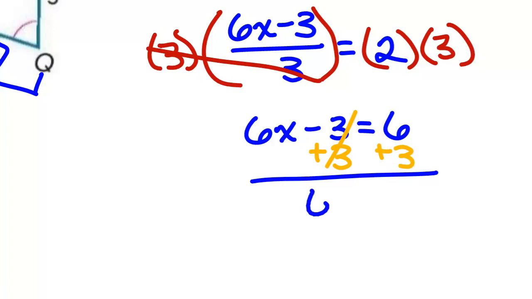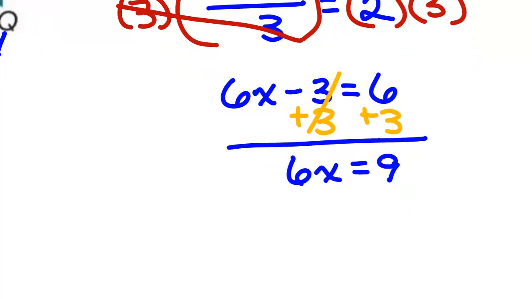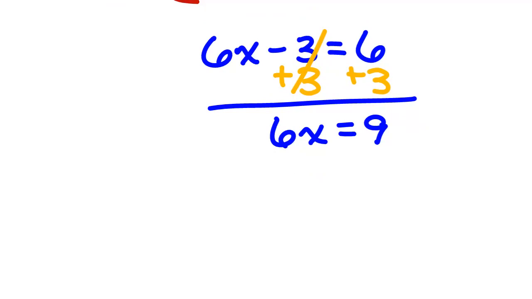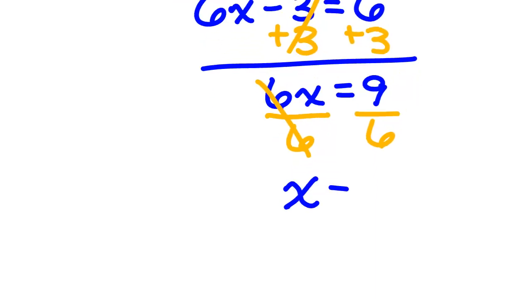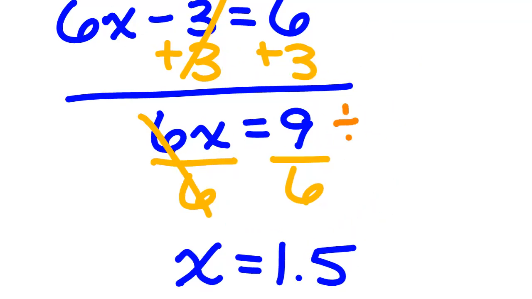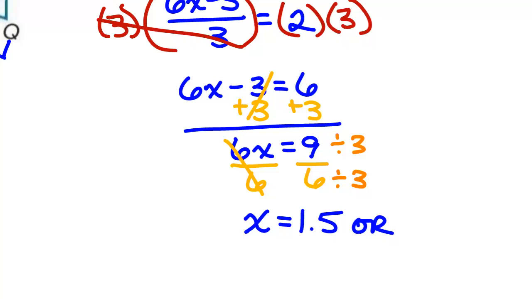So 6x equals 9. Next. Divide both sides by 6. What is 9 divided by 6? 1.5. Or I could reduce the fraction down. What goes into both 9 and 6? 3 goes into both. And so I could also write this as the fraction what? 3 over 2.